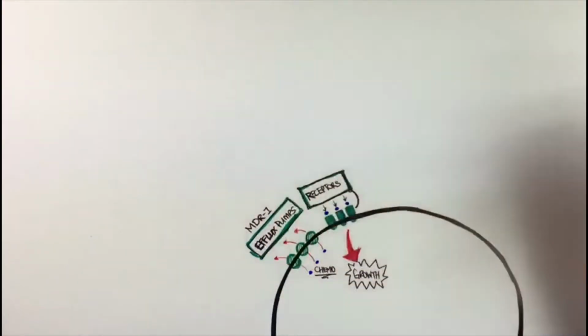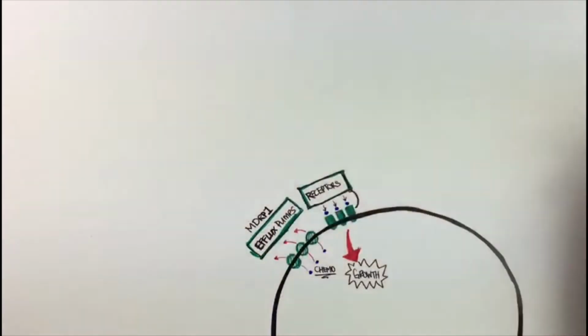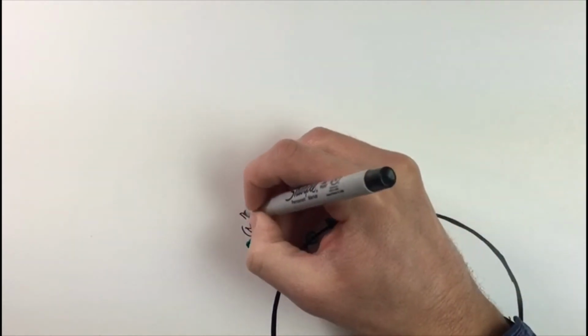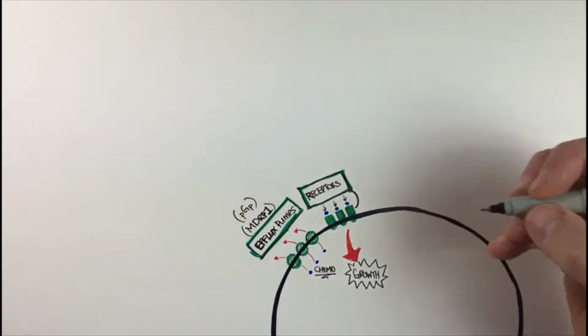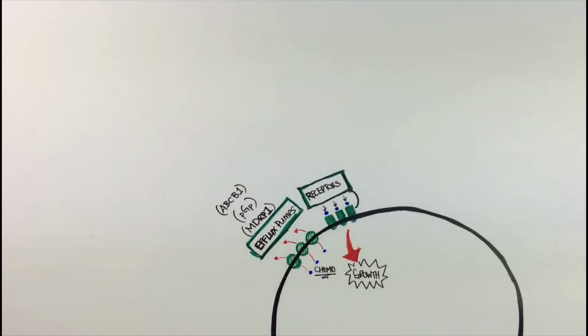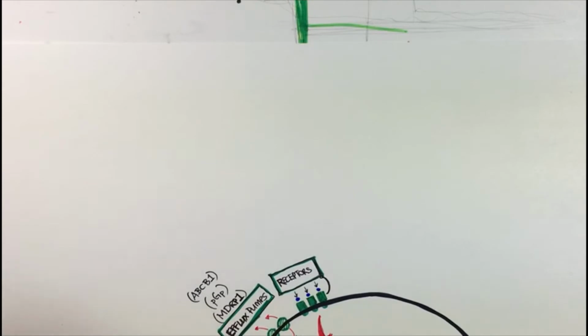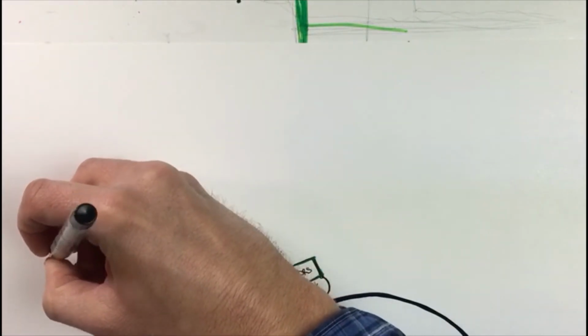There are a number of these multi-drug resistance proteins. MDRP1 is a class of multi-drug resistance protein pumps. PGP and ABCB1 are just other classes of efflux pumps. If I zoom in here and magnify this for you, first I'm going to draw the membrane.